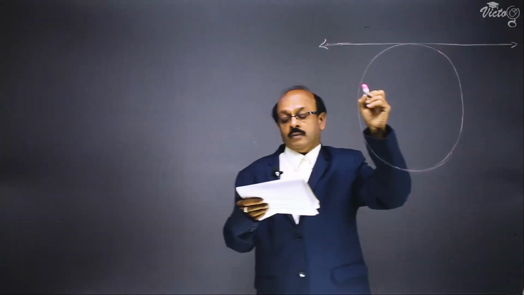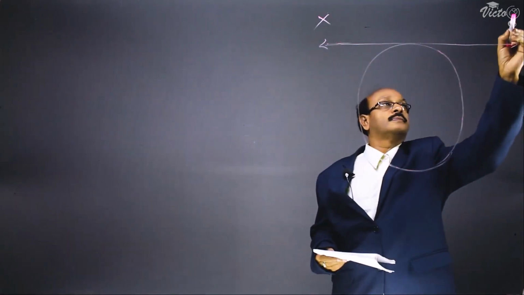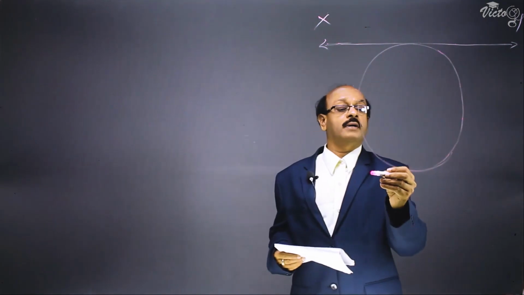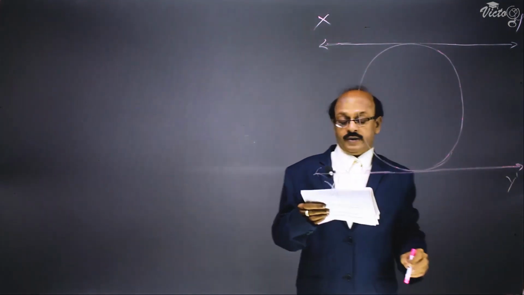The figure is XY and X'Y' are two parallel tangents to a circle. This is XY, and here it is X'Y'.